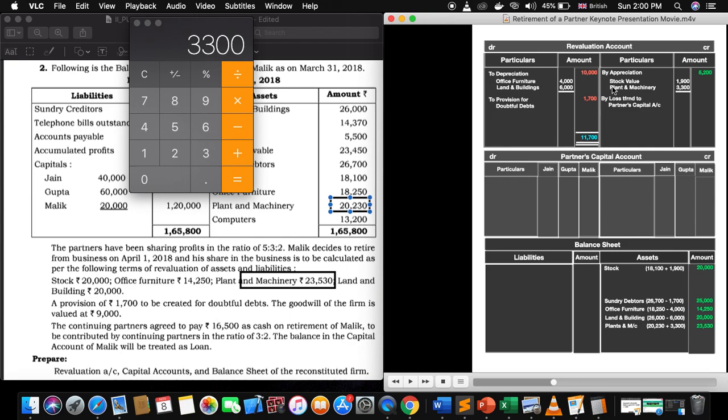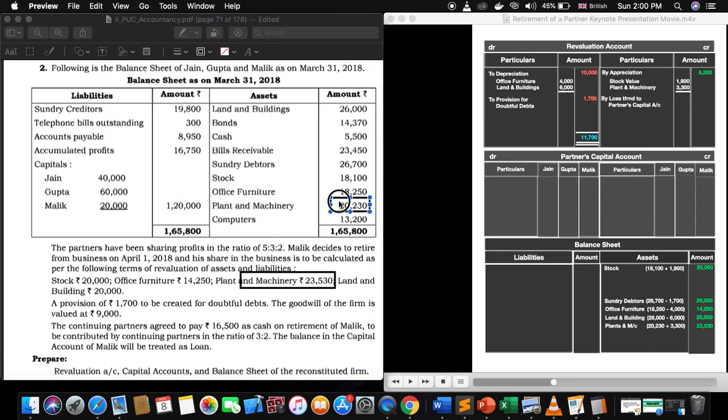Now, there's no more appreciation or anything that will add value. So we will come to the balancing figure. So take this 11,700 minus 5,200 is the credit side. So 6,500 is the loss. Now we have to distribute it to the partners based on the old profit sharing ratio.